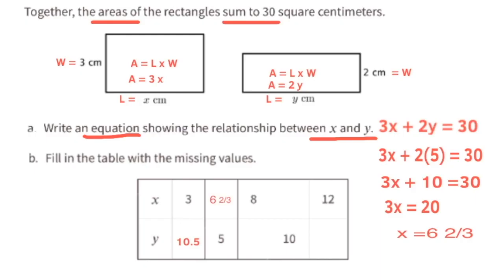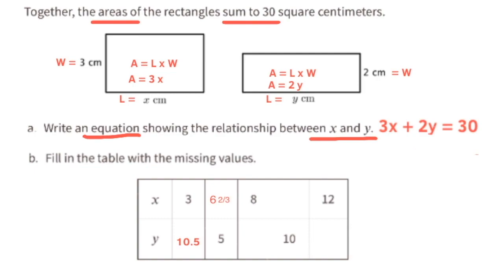The next one that they give us is the value for x, which is 8. So when the value for x is 8, we can substitute the x with an 8. Now the equation reads 3 times 8 plus 2y equals 30. 3 times 8 is 24, so the equation reads 24 plus 2y equals 30.